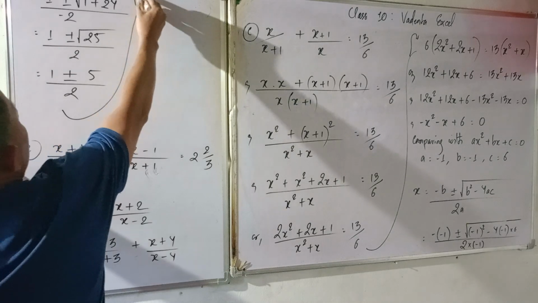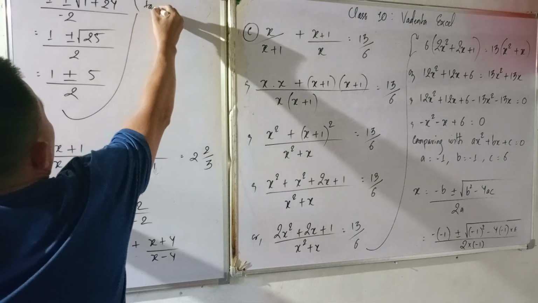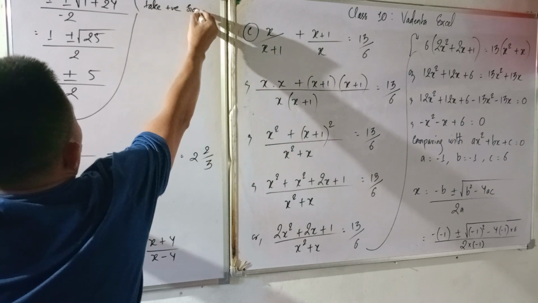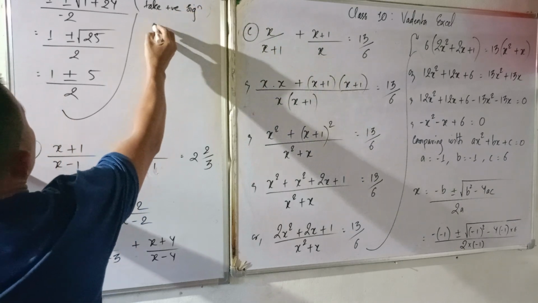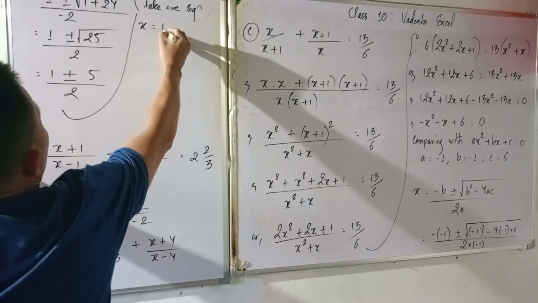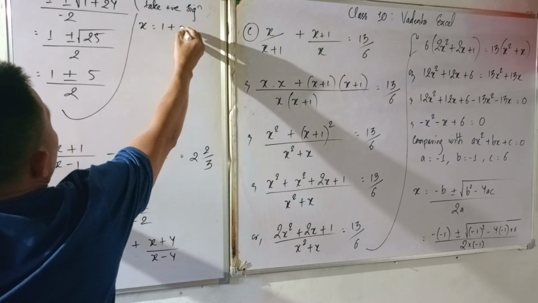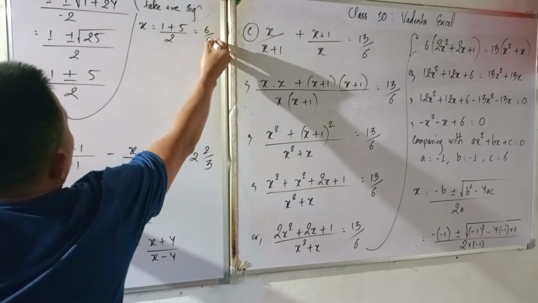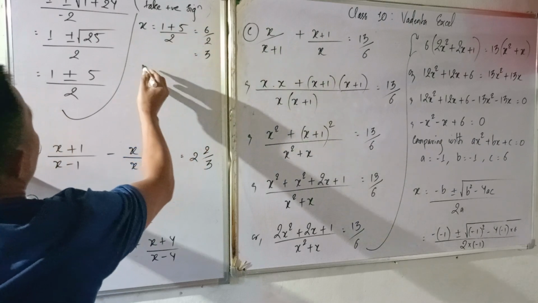Let's take the positive sign. 1 plus 5 divided by 2, 6 by 2, which is 3, and another.